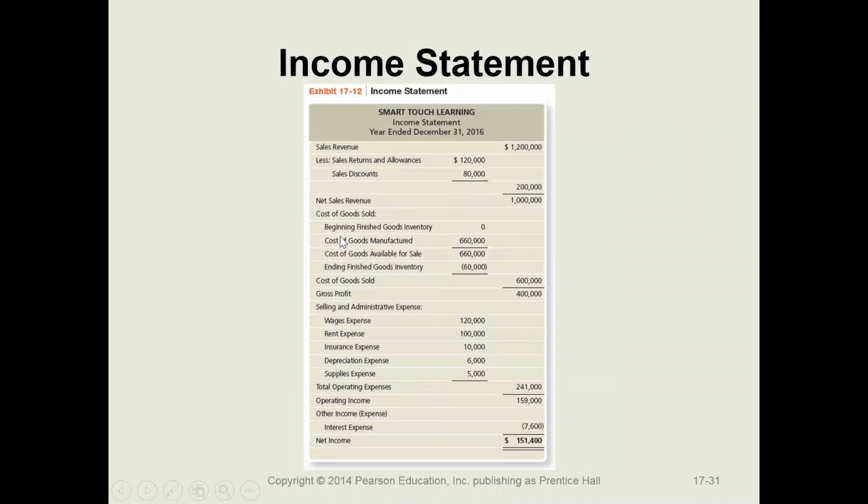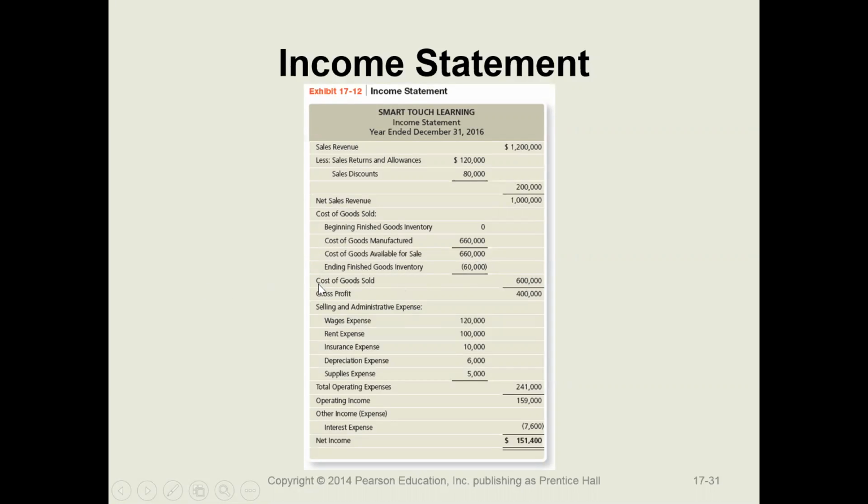So adding the cost of goods manufactured plus the beginning finished goods inventory gives us cost of goods available for sale. Then we subtract our ending finished goods inventory, whatever inventory we've completed but haven't sold yet by the end of the period. So subtract that from cost of goods available for sale, and that gives us cost of goods sold.